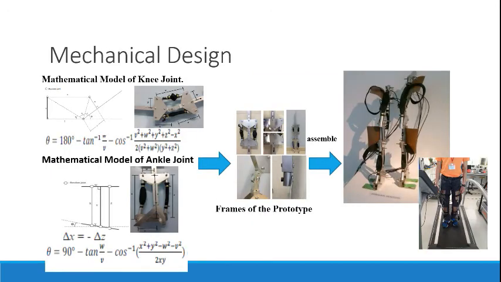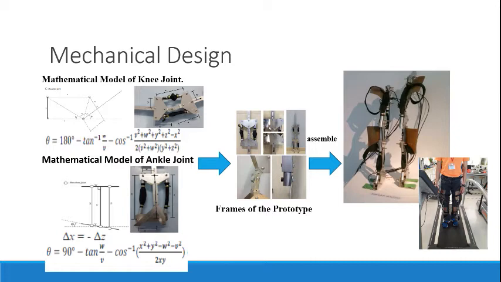Okay, here I will discuss the mechanical design for Rehab device 1. As you can see, the mathematical model on your right side is divided into two, because this Rehab device 1 involves two joints, which are the knee joint and the ankle joint. So we need to do the calculations to find out the data for the ankle joint and knee joint.